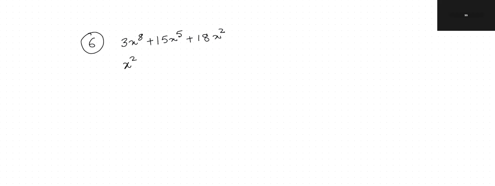We can factor out 3. So remaining here is x^6, because if we multiply 3x squared to x^6, we get 3x^8. If we multiply 3 times 5, 15, and x squared is here and here is x^5, so it means x cubed, and this is 6, since x squared is already factored out.